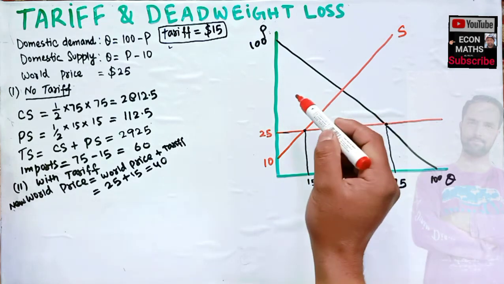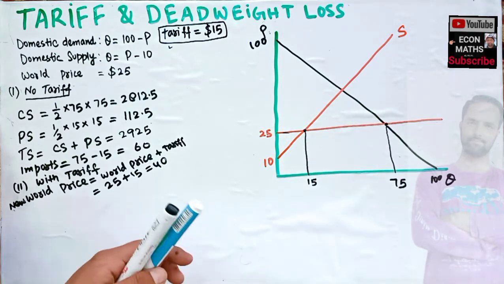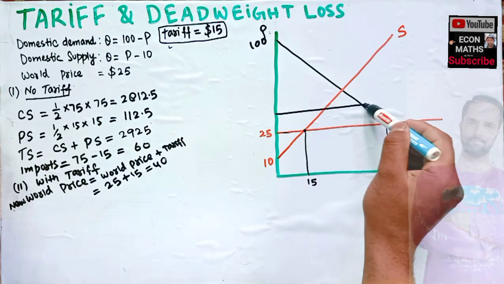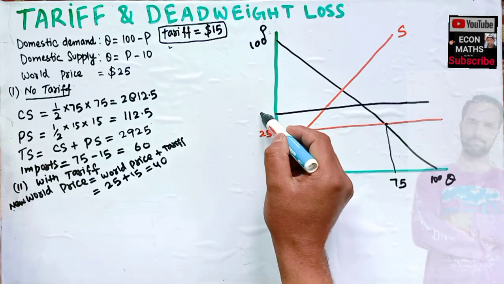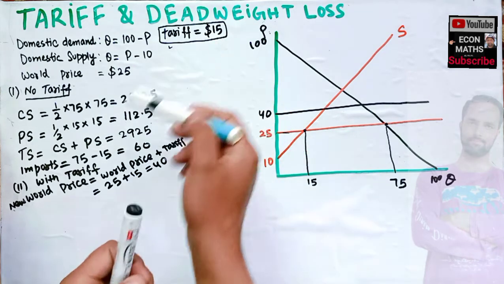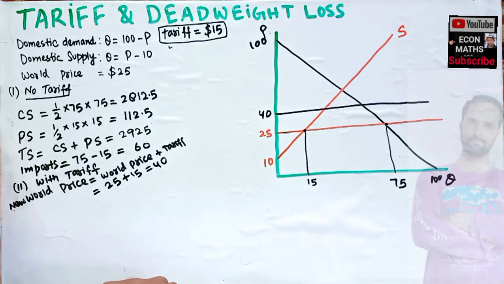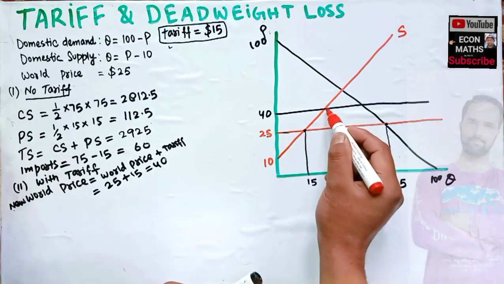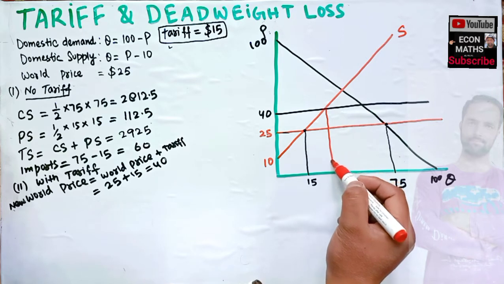Let us draw it here. In fact, let me use this color this time. So we have 40 as price when tariff is being imposed. Now when price is 40, what is the magnitude of production?